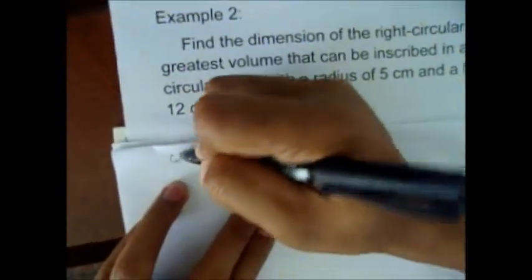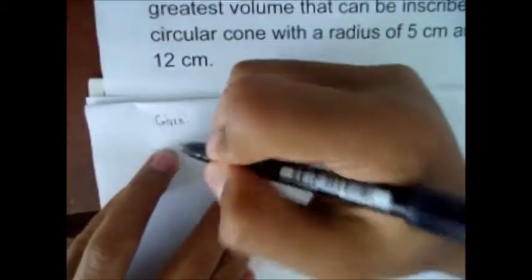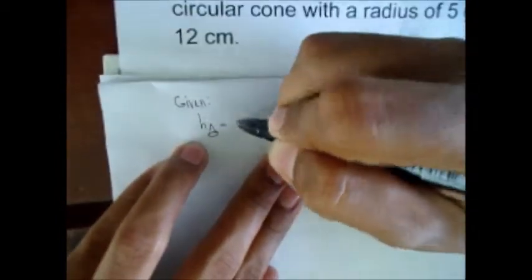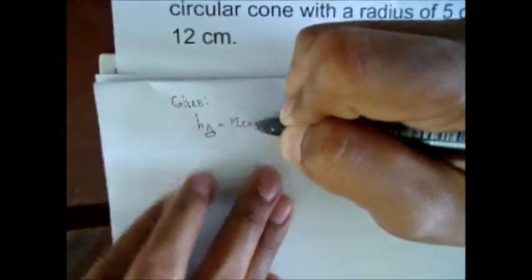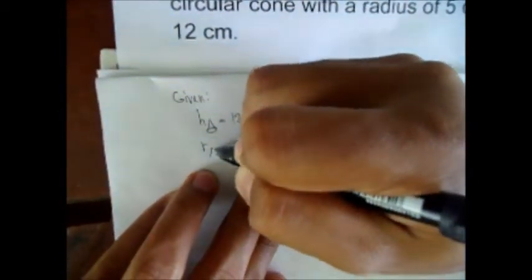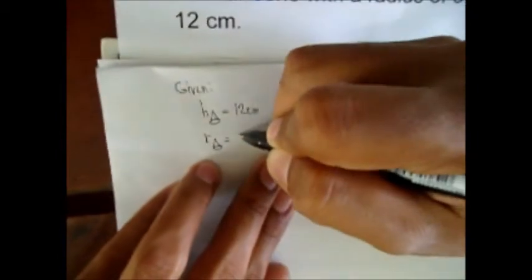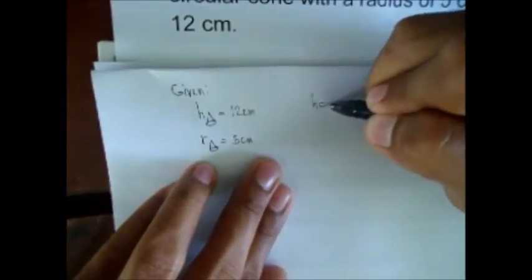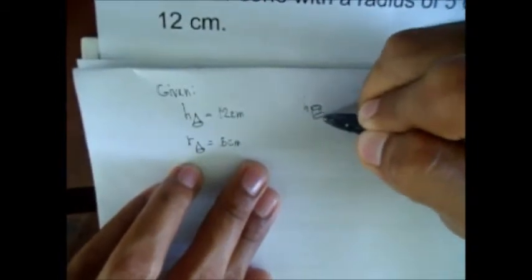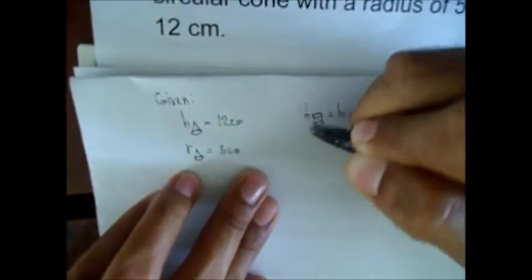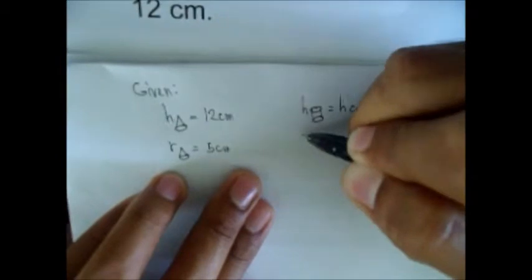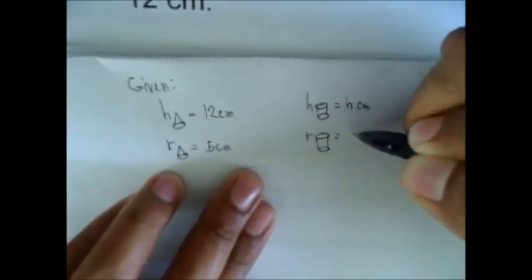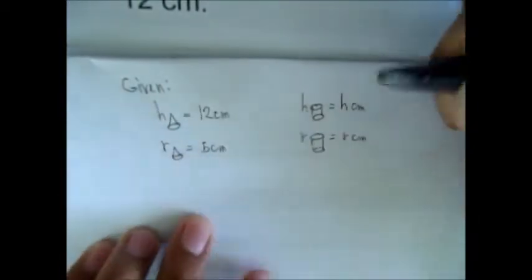We have here given the height of the right circular cone is equal to 12 centimeters, and the radius of the right circular cone is equal to 5 centimeters. We let the height of the right circular cylinder be h centimeters, and the radius of the right circular cylinder be r centimeters.